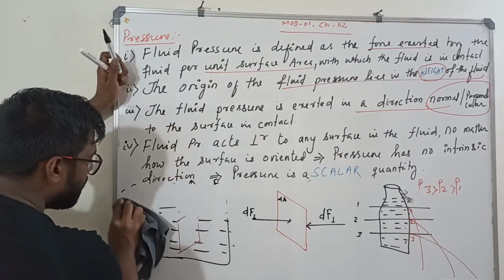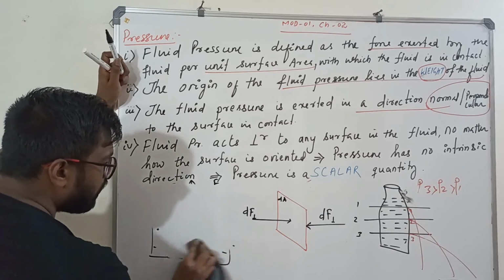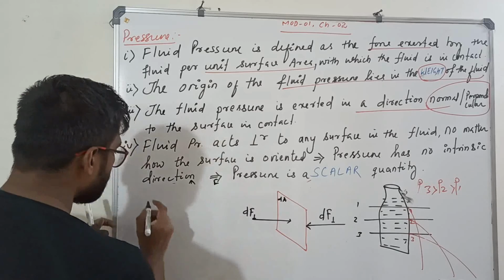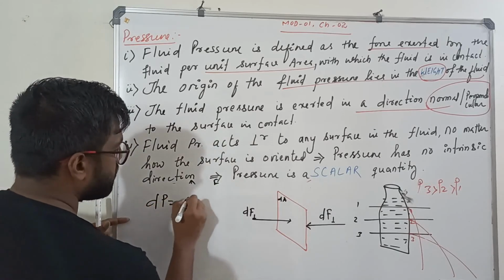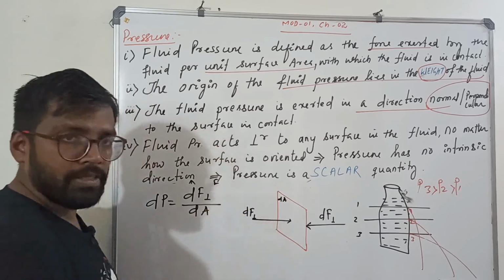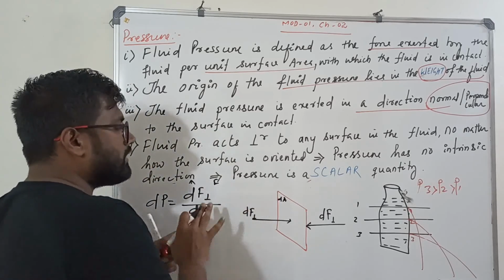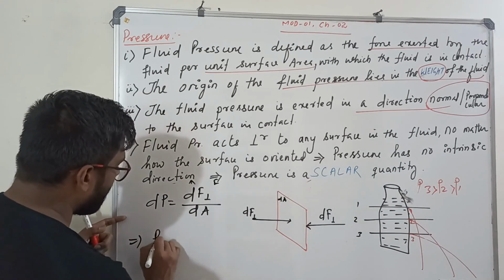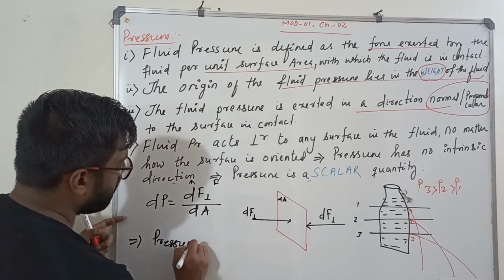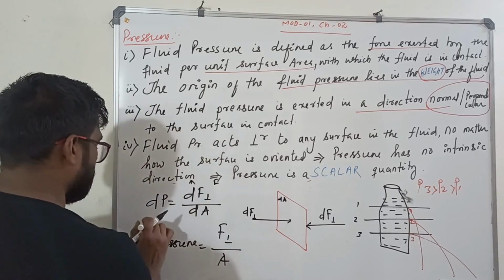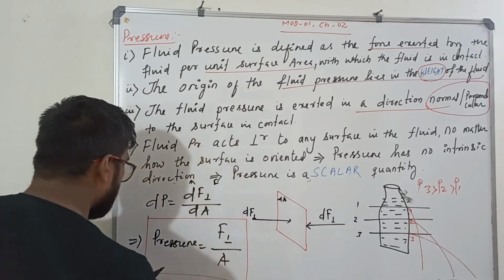From here we came to know that the pressure dP is equal to dF perpendicular per area dA. Let us say the area is a finite area and the force distribution is equal all around. So I will write that pressure is nothing but perpendicular force per unit area. So what is pressure?